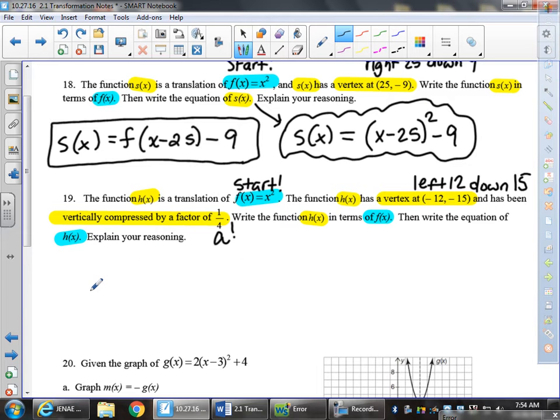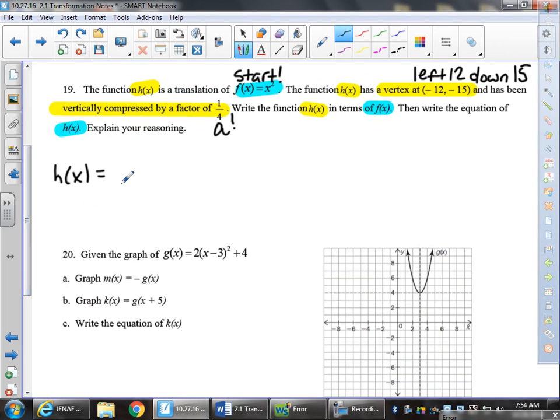So let's first start off by writing h in terms of f. So h of x equals, how are we going to put this together? 1/4 f. We have a new a value, 1/4 f of x plus 12 minus 15.